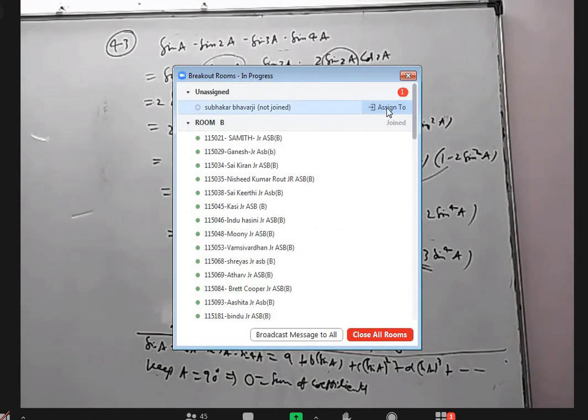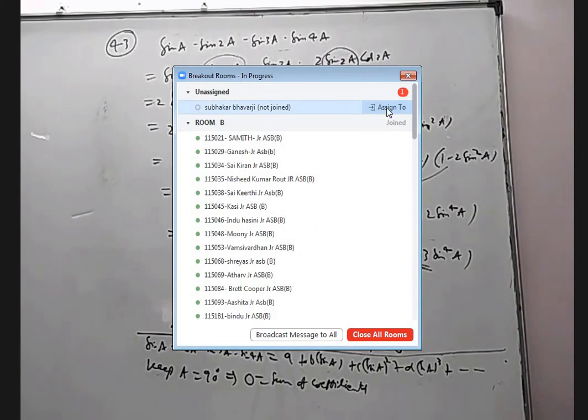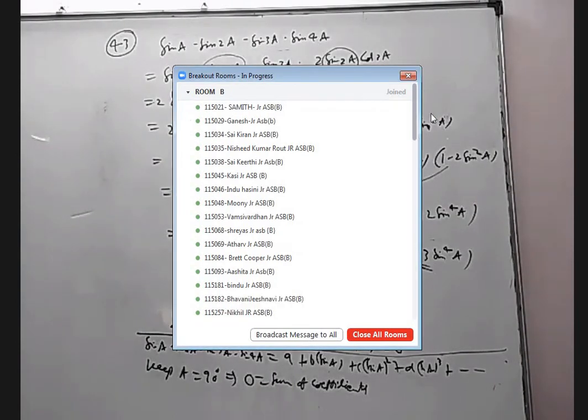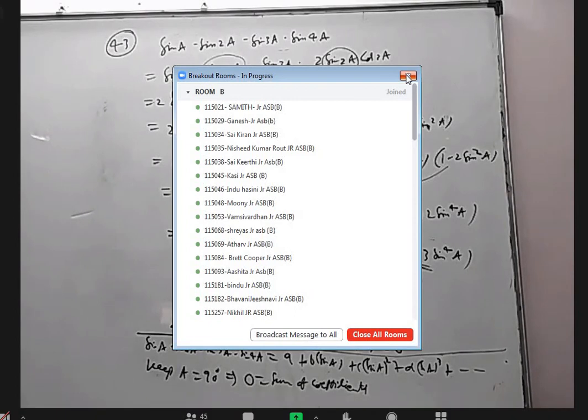Now we have Subhakarta's class. No, sir. Now we have Math, Patnaik sir. Okay. Sir, can you repeat what you told?